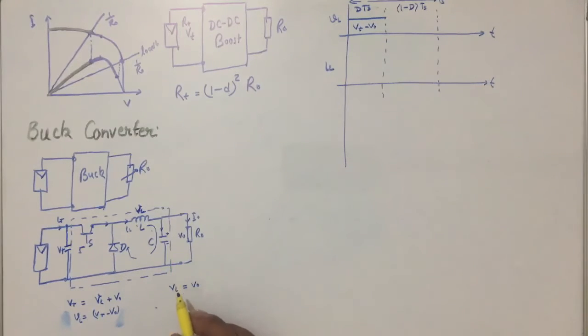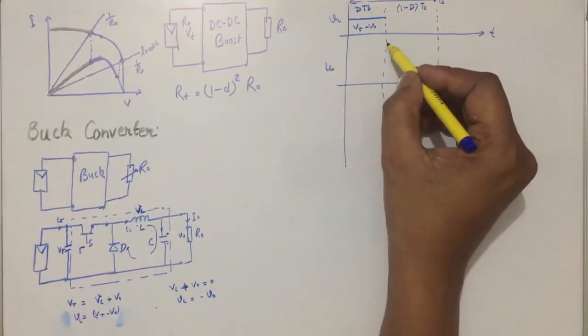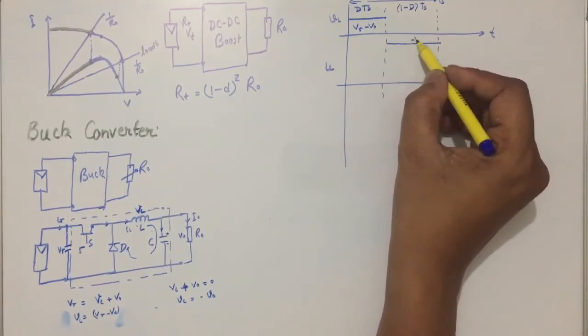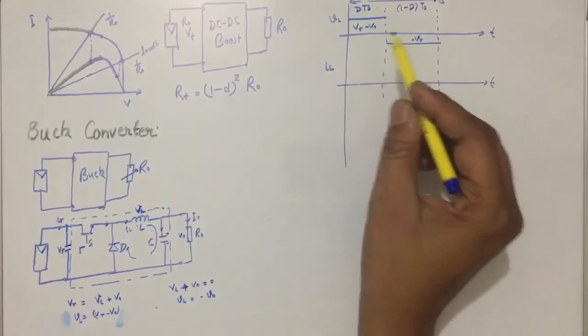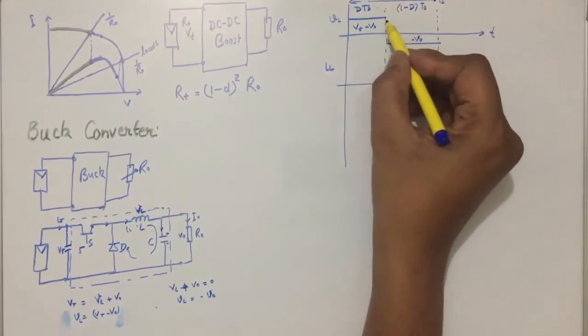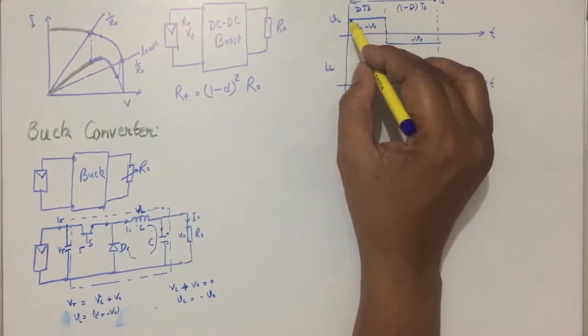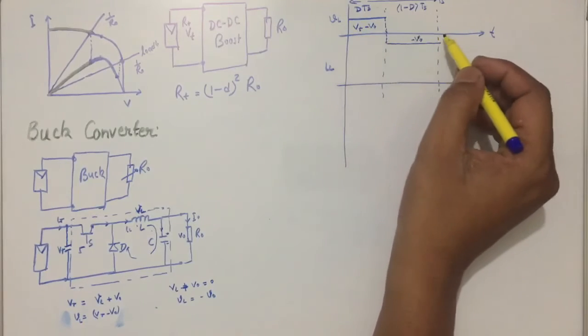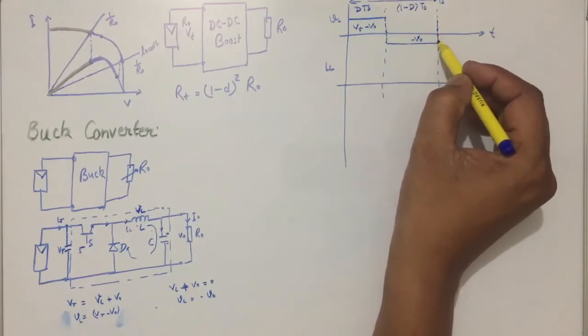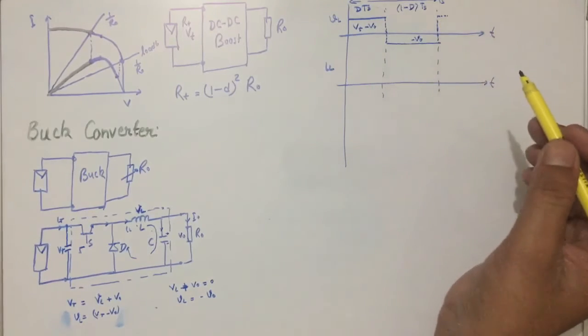However, from here we can say VL plus V naught equal to 0, VL is equal to minus V naught. So during the off period we have V naught in the minus direction. Okay, so this is the wave shape for VL for one cycle, and after that it repeats the characteristics.